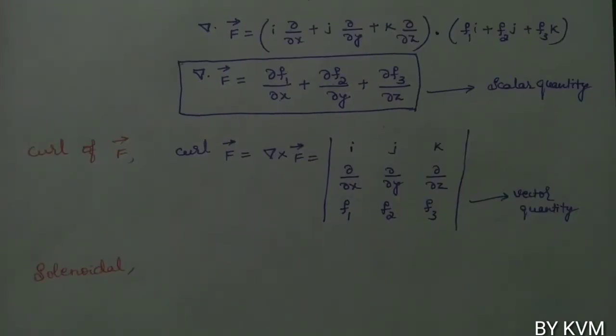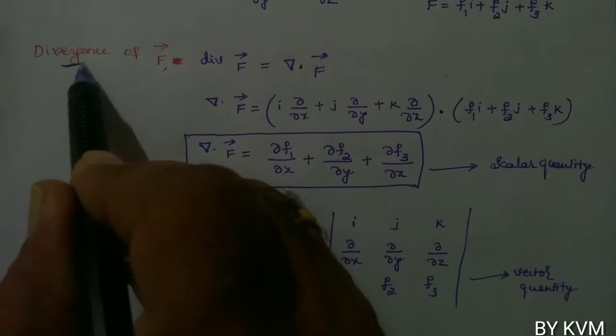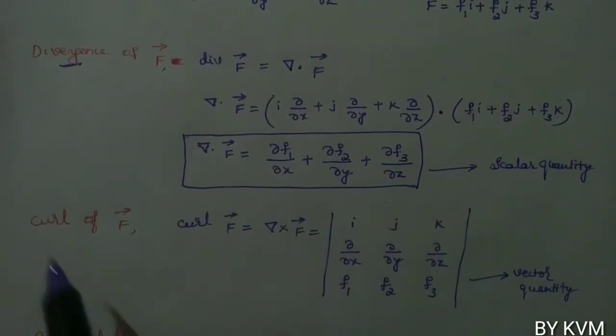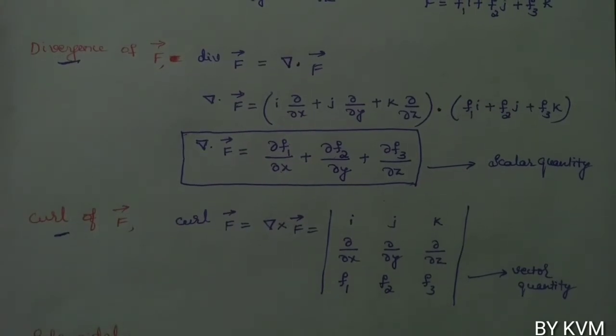Physical meaning of a curl is that it is a measure of how much a vector field circulates or rotates about a given point. So divergence gives only the magnitude of a change, and so it is a scalar quantity, whereas curl is a measure of circulation of a vector field, and hence it is a vector quantity.